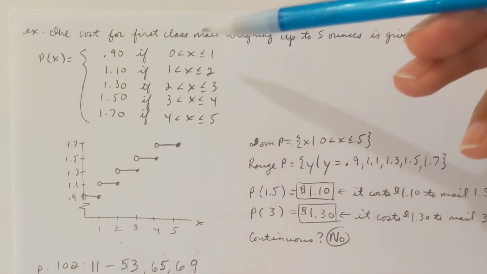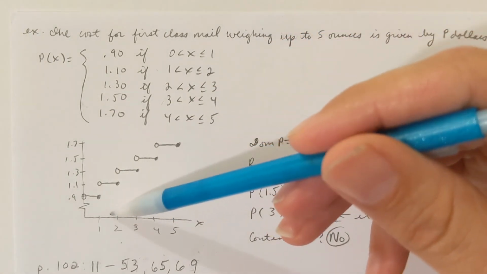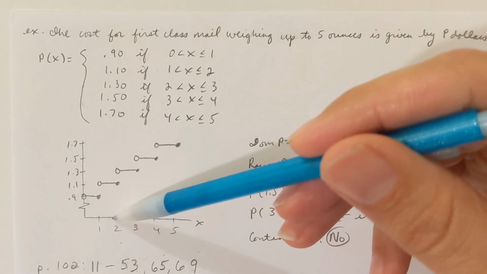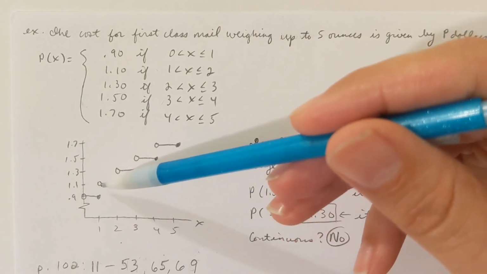Anyway, at 1.1, we want anywhere that's between 1 and 2, not including 1 though.